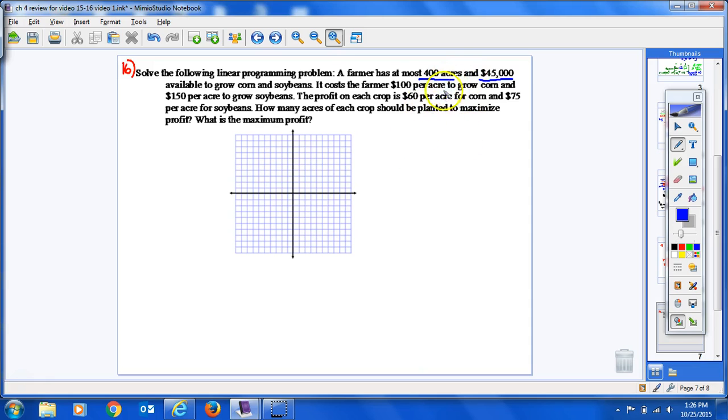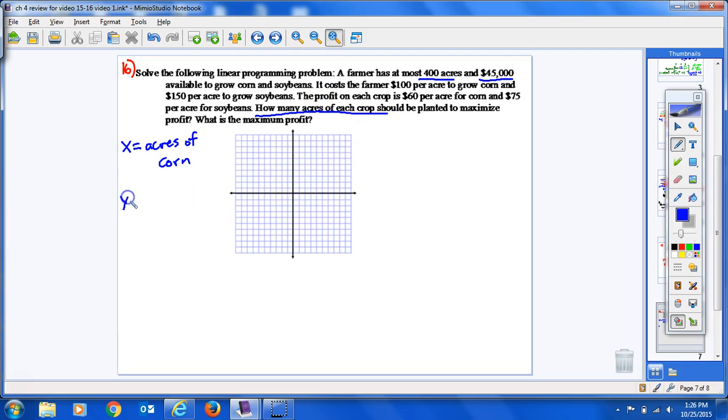So it's two different types of crops, and it's acreage for each. Let's get started by defining some variables. I'm going to let x be the acres of corn. It is important that you get specific, because look at the question: how many acres of each crop? So your variable should be given in terms of a number of acres.